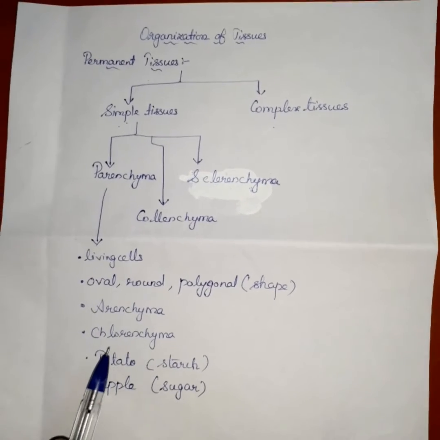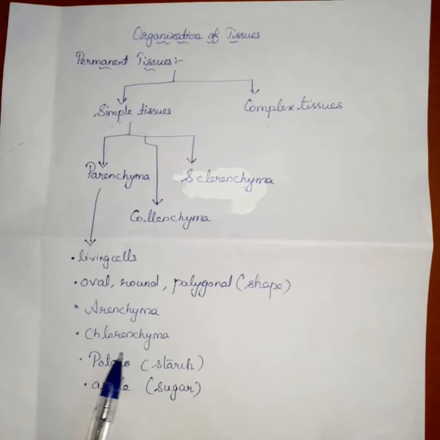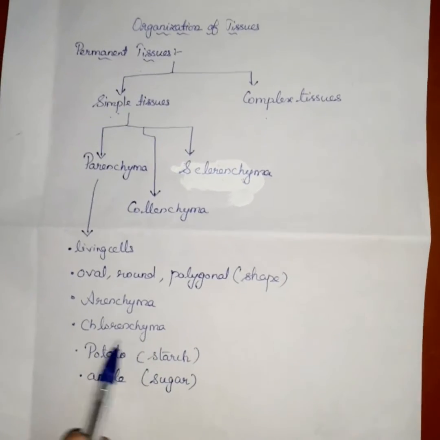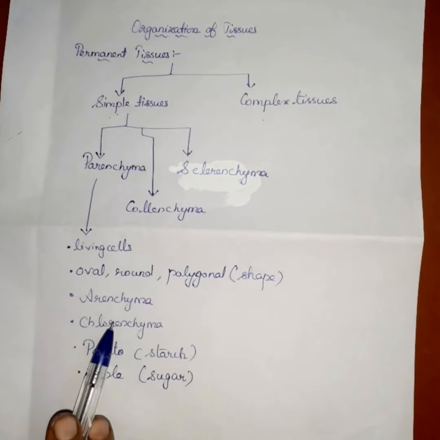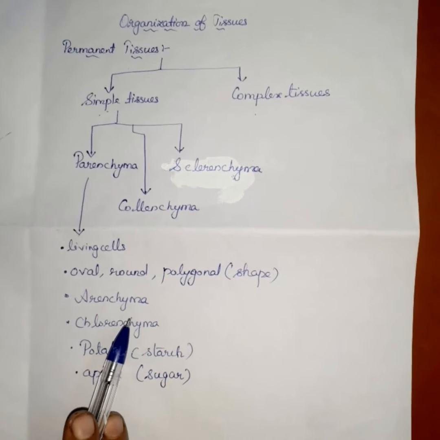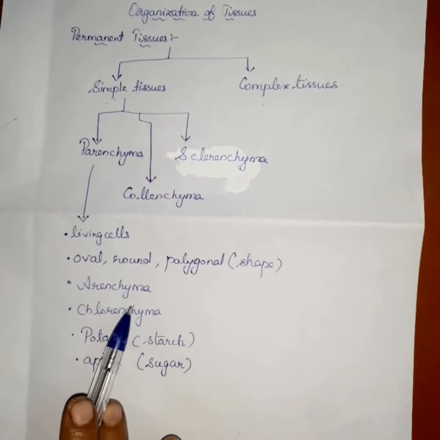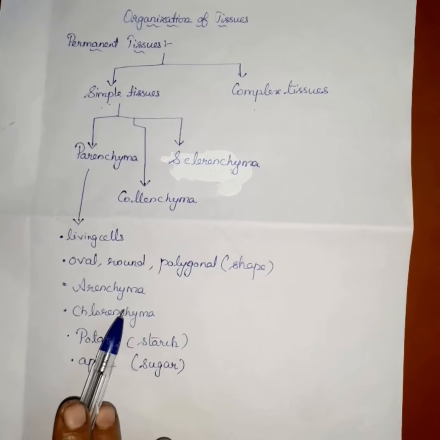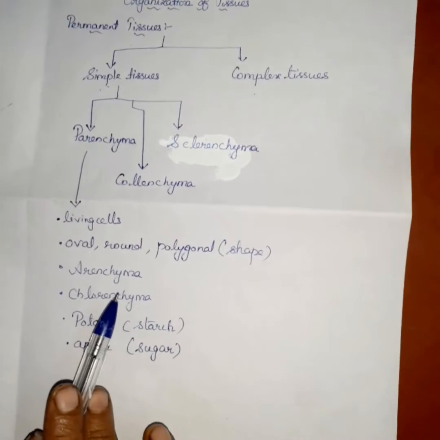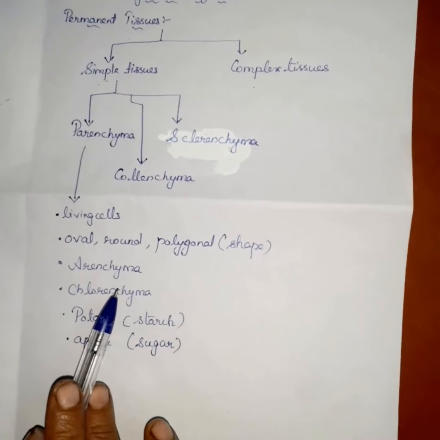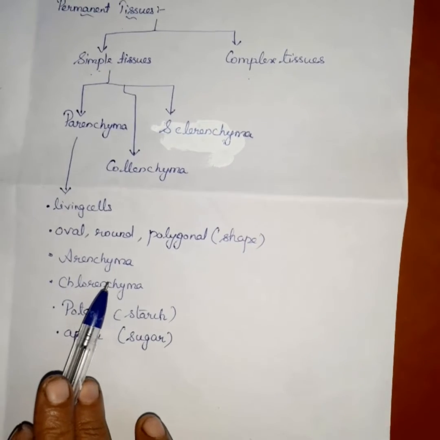This is called chlorenchyma. Understand? Aerenchyma and chlorenchyma. What is aerenchyma? In aquatic plants, the parenchyma possesses intercellular air spaces, and they are known as aerenchyma.